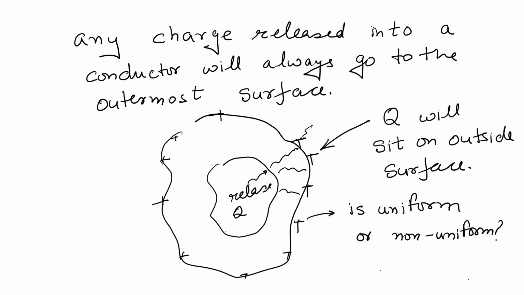Let's try to answer that question. And to answer that question, we will do another thought experiment. And we will consider a very simple case and see what happens in that simple case, and try to extend the thinking from that simple case.